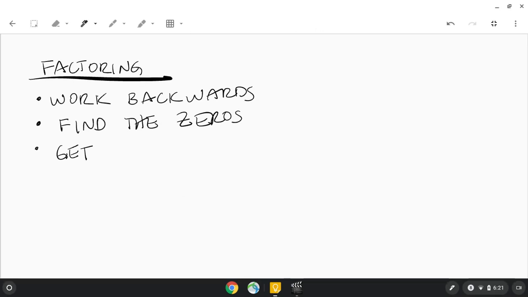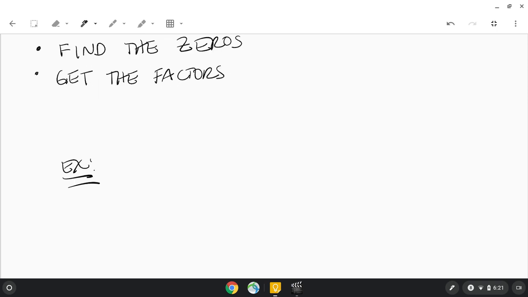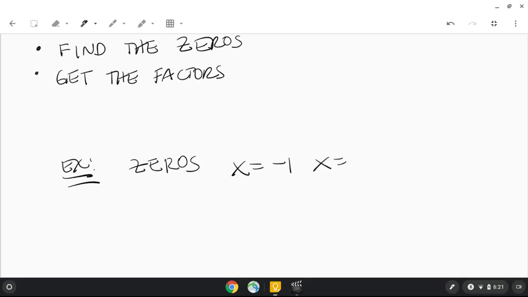Find the zeros, get the factors. For example, you go through your synthetic division, you come up with your zeros, and let's suppose that your zeros are x equals -1, x equals -3, and x equals 2.